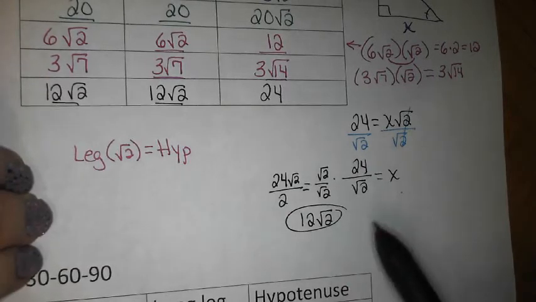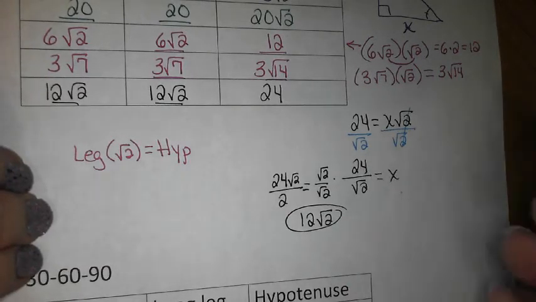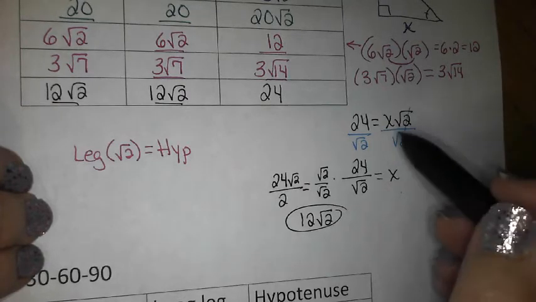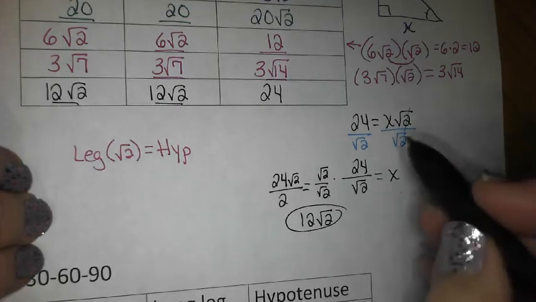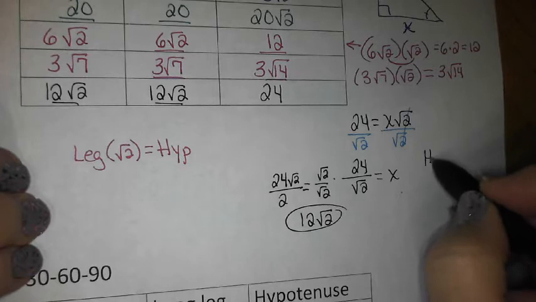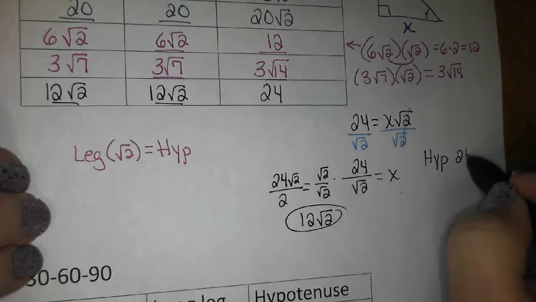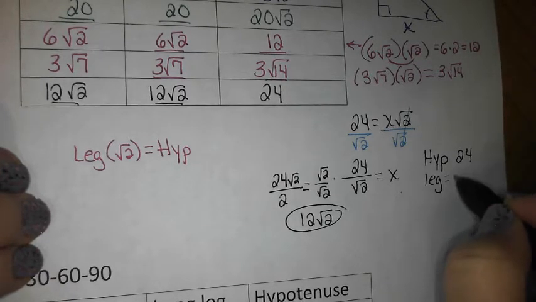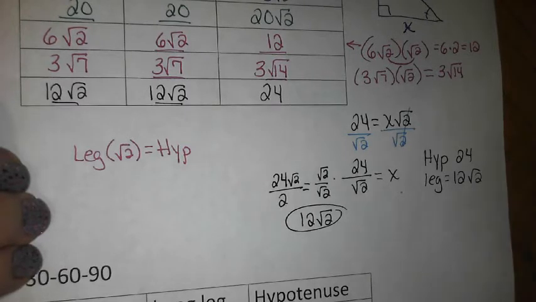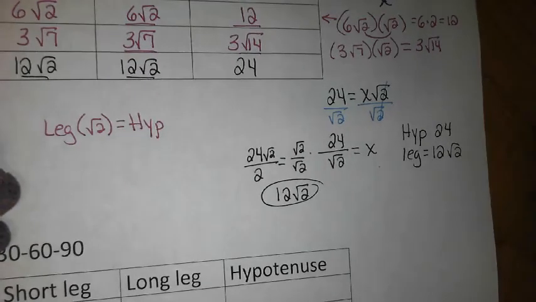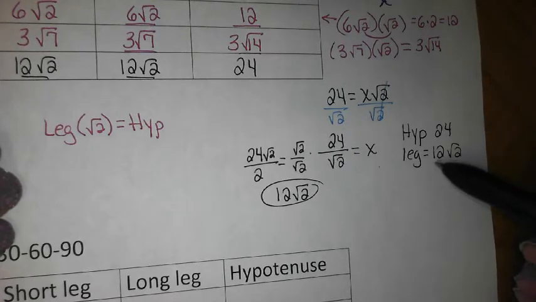If you look at what we started with, our hypotenuse was 24, and our leg ended up being 12 root 2. So if you notice, it's just 24 divided by 2 is 12, and then times root 2 gives me my leg.